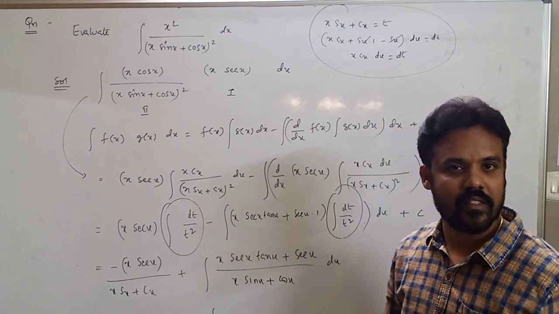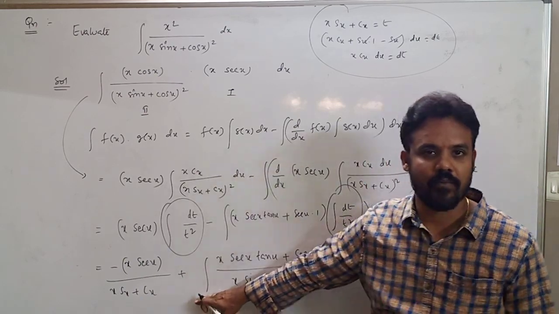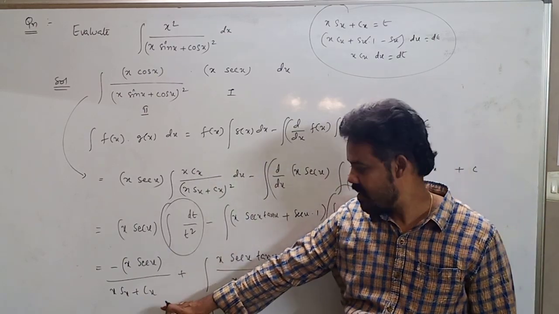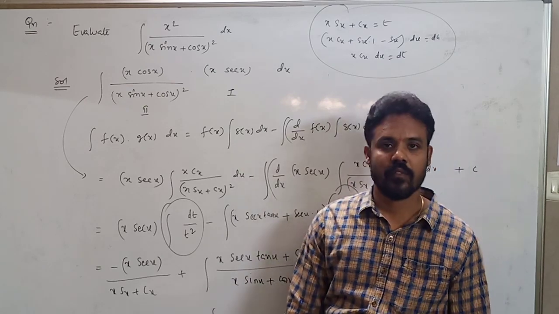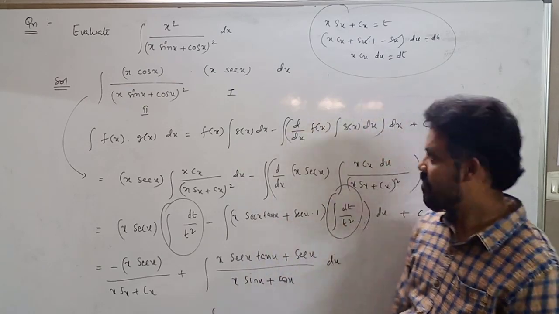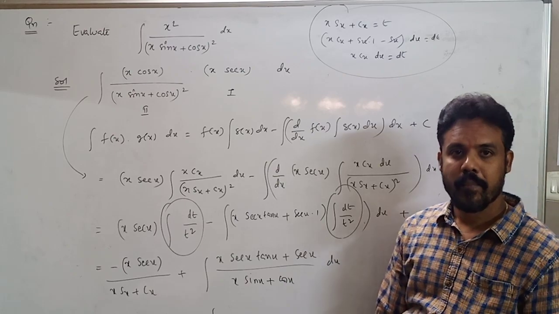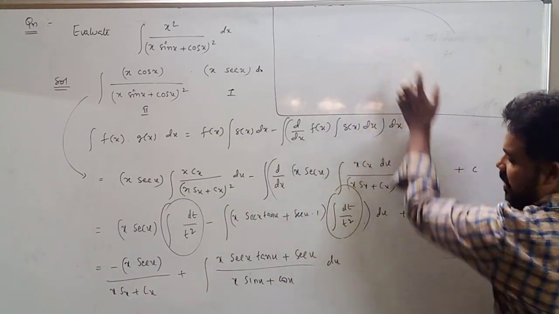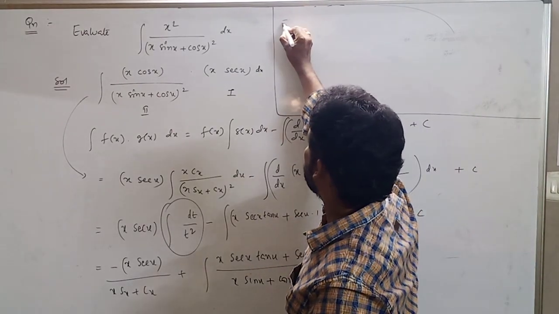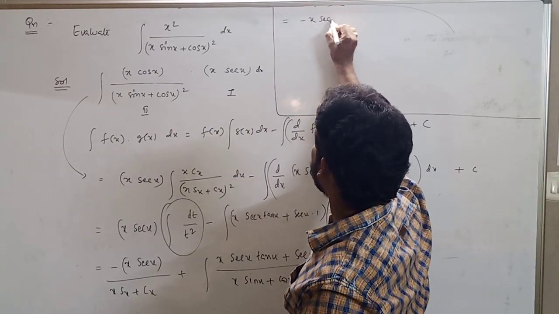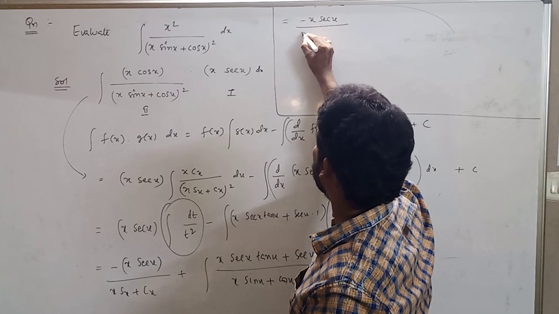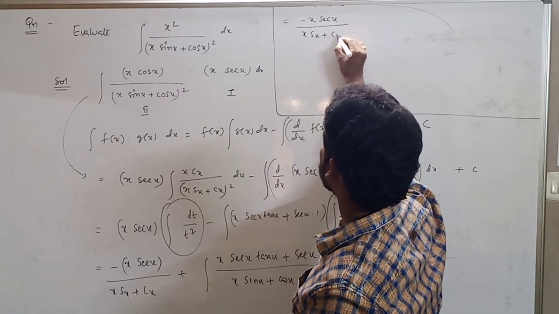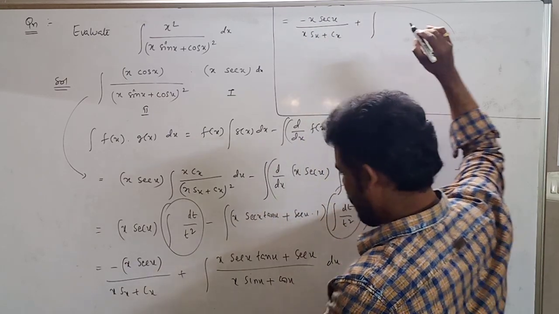You first have to write down here. You understand? I'm writing here after this step. This is minus x secant x by x sin x plus cos x plus integral.